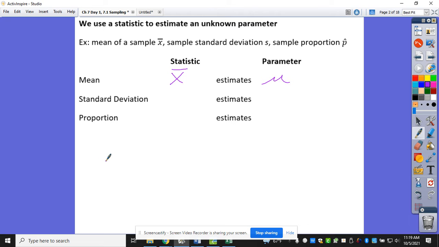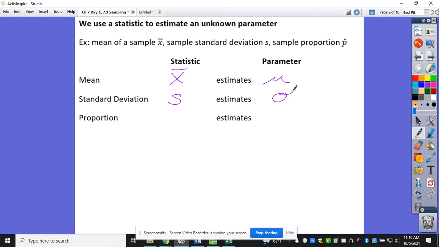And remember, up until now, we didn't really differentiate that much. Now is when it gets really, really serious about these are 2 completely different things, and don't talk about them separate. Don't talk about them in the wrong way. Because I'm never going to have a mu to estimate what my X bar is. So then standard deviation, I'm going to have what to estimate what? To estimate sigma. And proportion we haven't talked about yet.